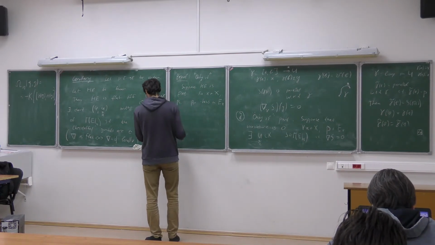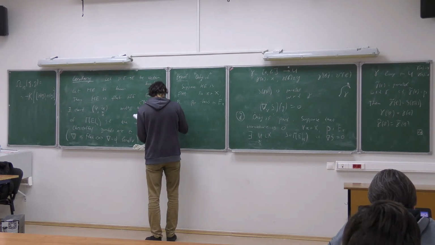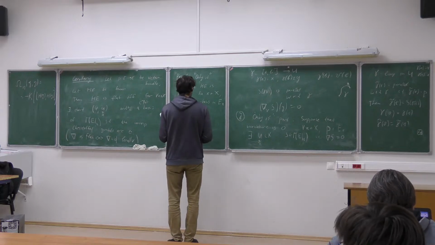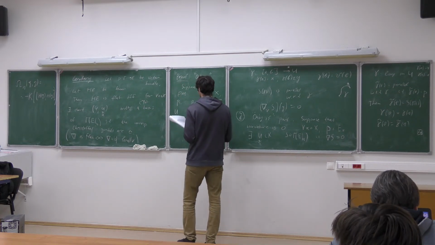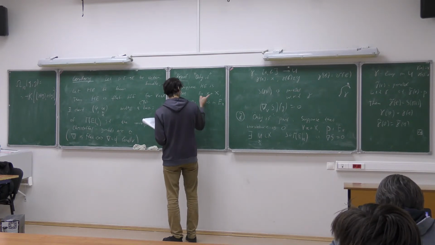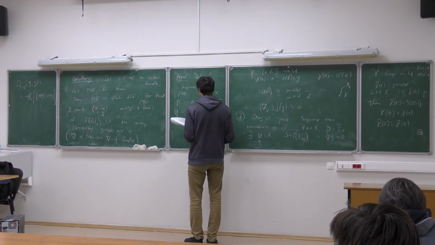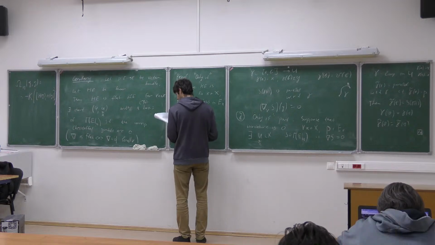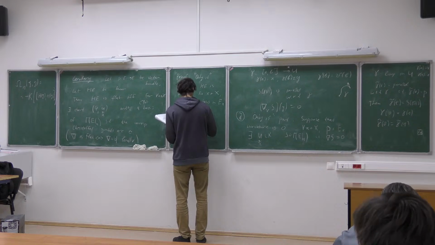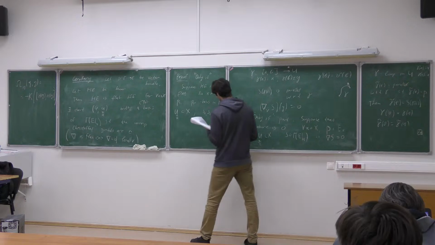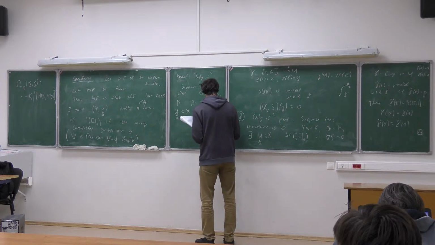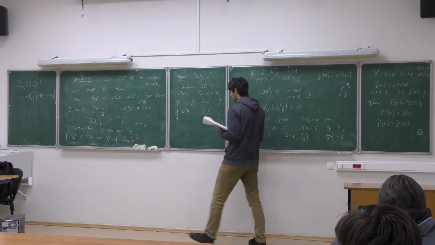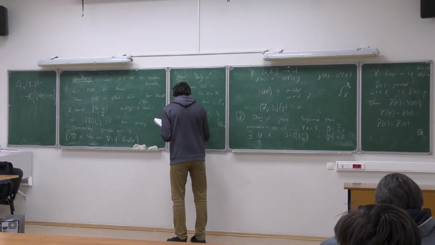Then by the theorem, since my connection is flat, I can find U, a neighborhood of my point X, and I can find S1 through SR, R sections of Gamma of E restricted to U, such that nabla of Si is 0 and Si of X is Pi.